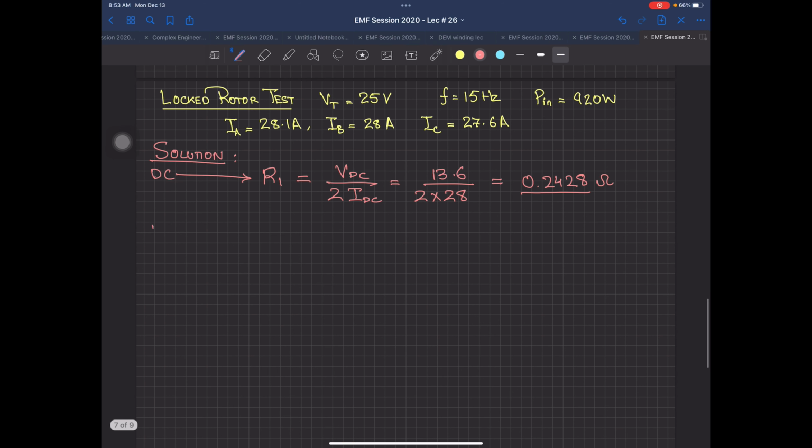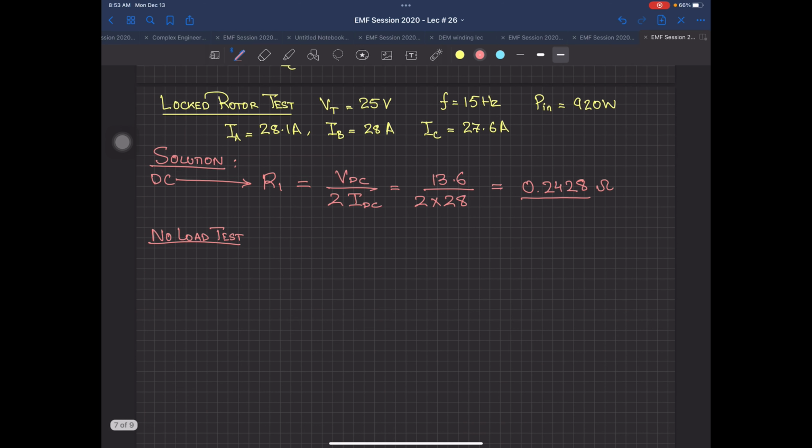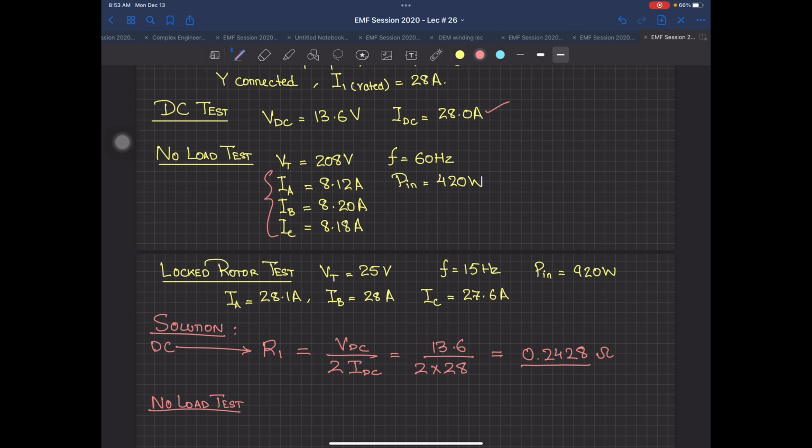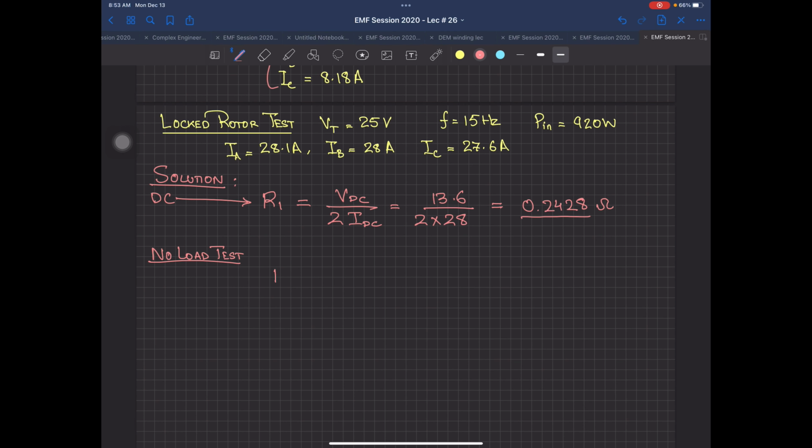The next thing over here, the no load test. Using the no load test, the first thing is to take the average of these three. So when I have to find the average, this will be I1 no load. This will be equal to IA plus IB plus IC, and certainly divided by 3.